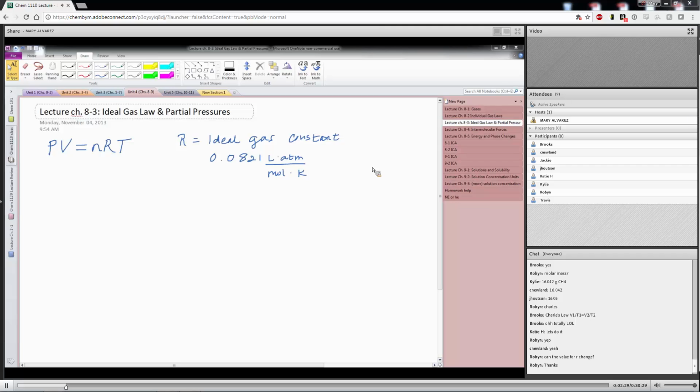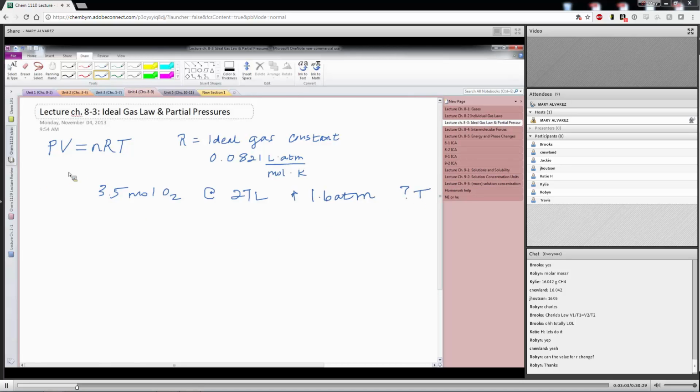So for example, let's look at this. If I have something like 3.5 moles of oxygen at a volume of 27 liters and a pressure of 1.6 atmospheres, then I can ask what is the temperature.